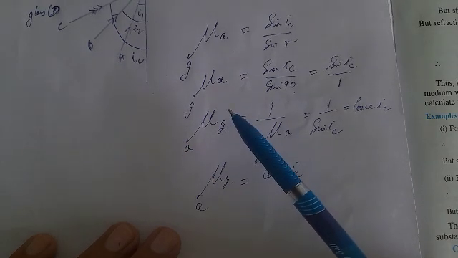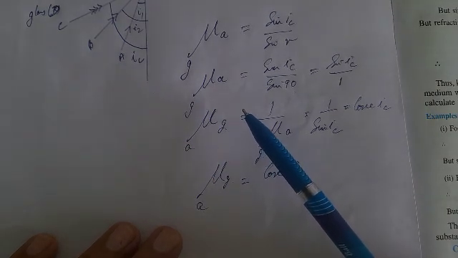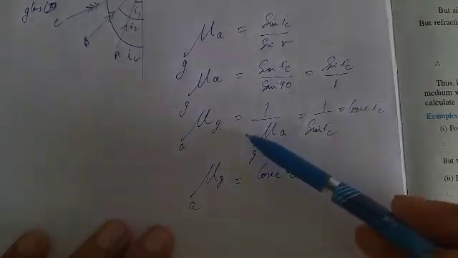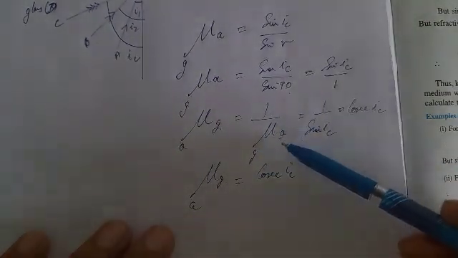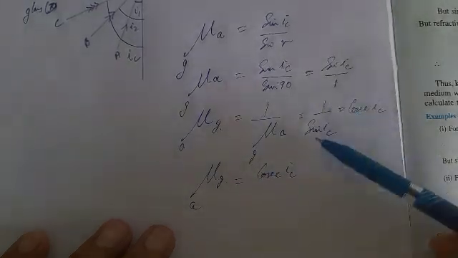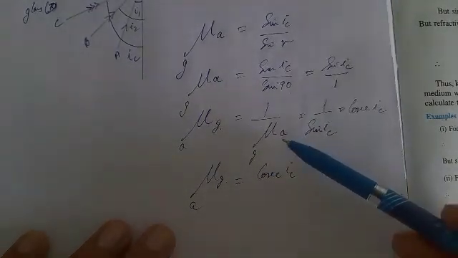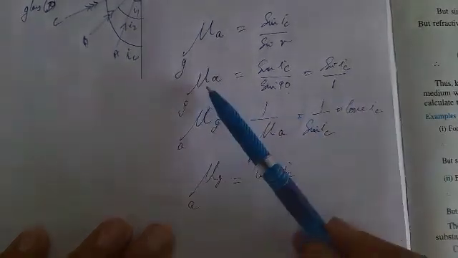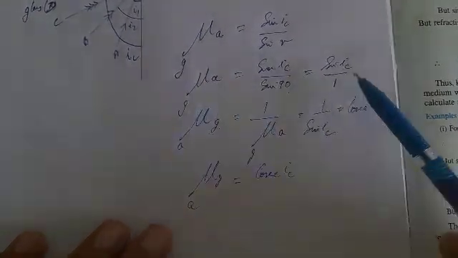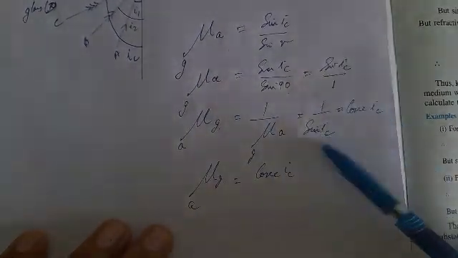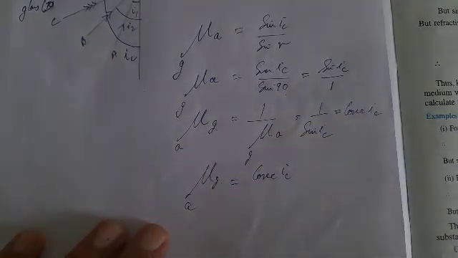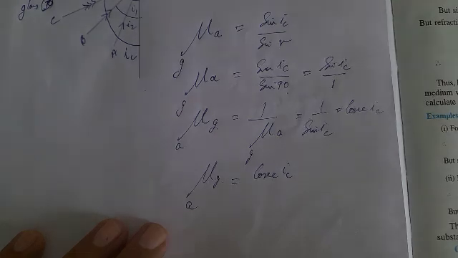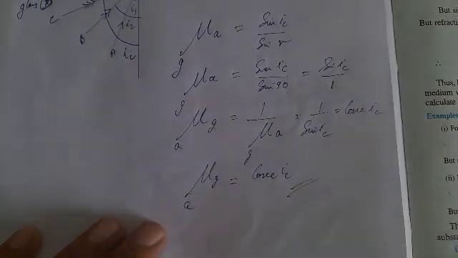Whenever I mention the refractive index of any medium, it should always be with respect to air. So it is equal to 1 by refractive index of air with respect to glass, which is 1 by sin IC, which becomes cosec IC. That's trigonometry. Am I clear over there, everybody?